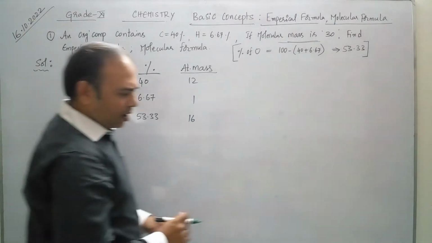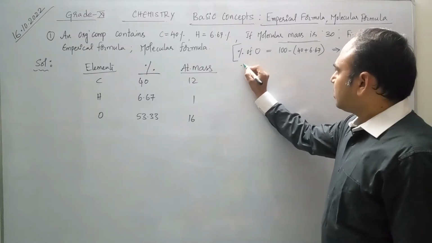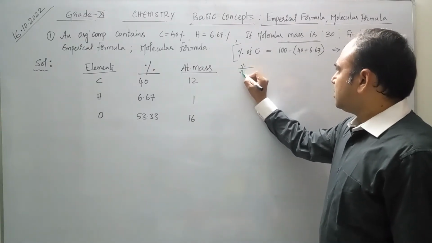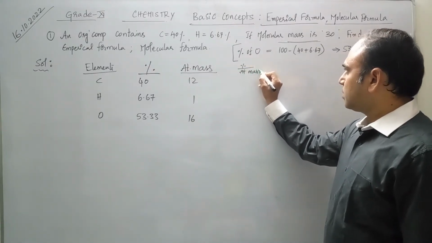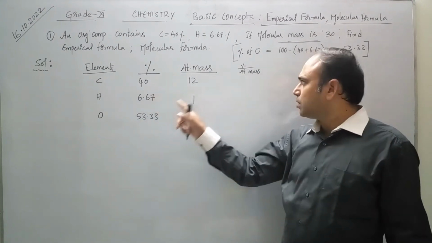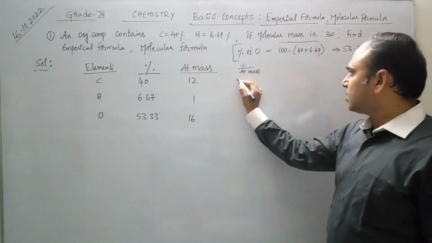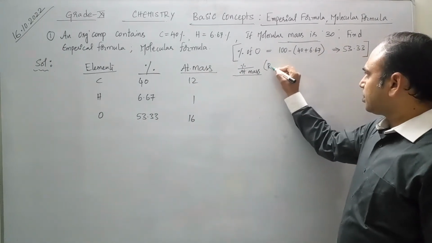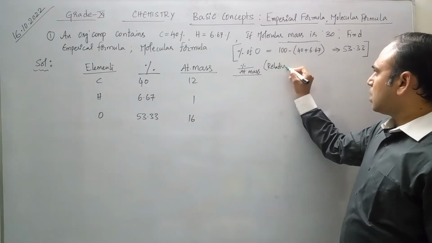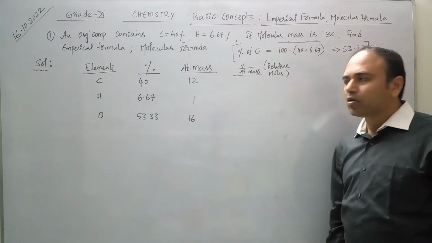Next, to calculate the relative number of moles, we can just take the percentage divided by atomic mass. So what we have done, given percentage and atomic mass we know. So percentage by atomic mass will give us the relative number of moles. So that will be our fourth column.